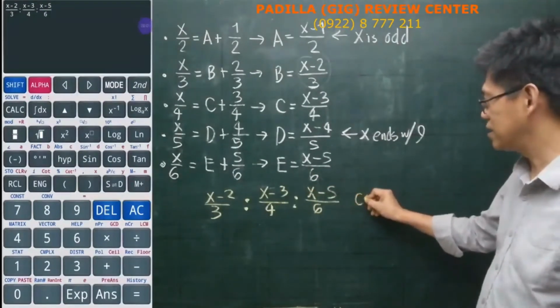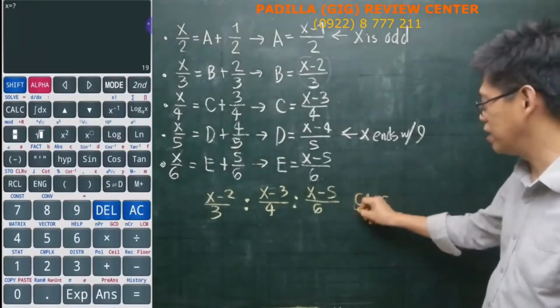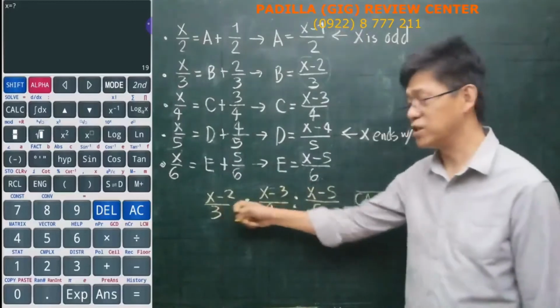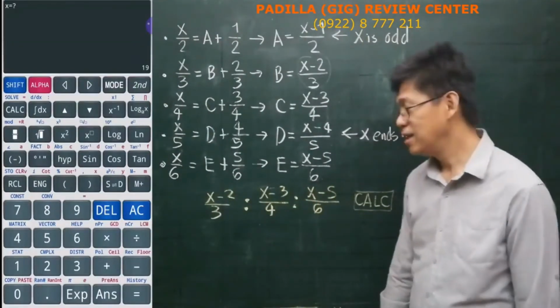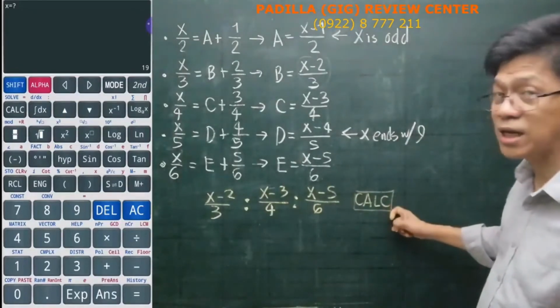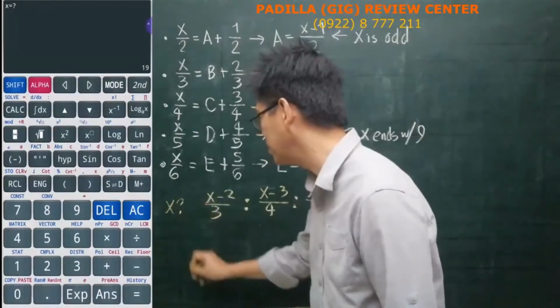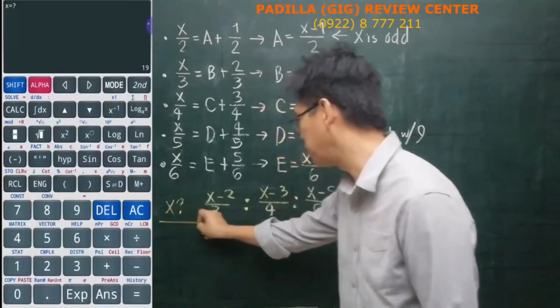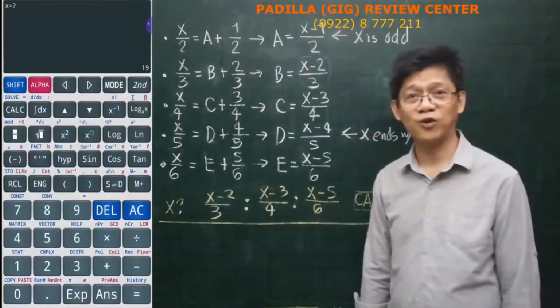Then you press calc, meaning you are calculating these functions for every value of x. Upon pressing calc, your calculator will ask you what is your x, so it prompts you to substitute values for x.